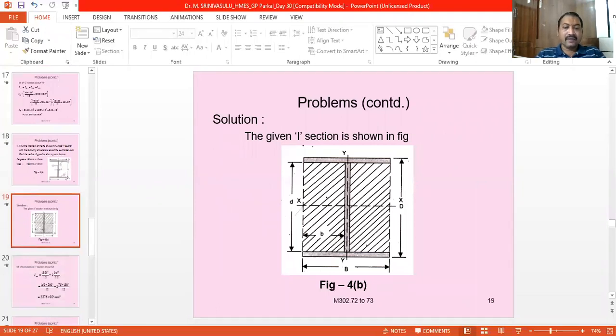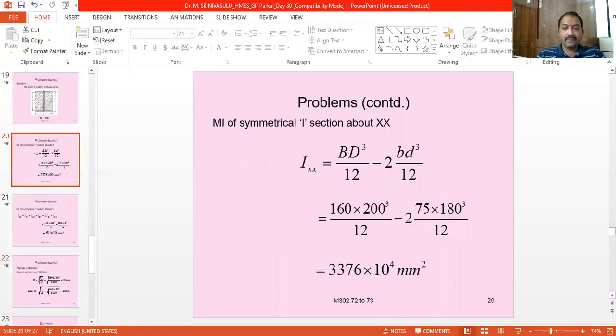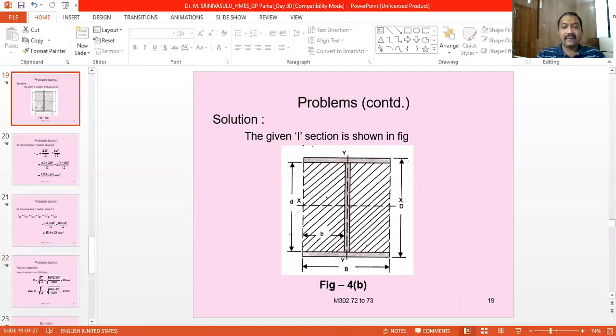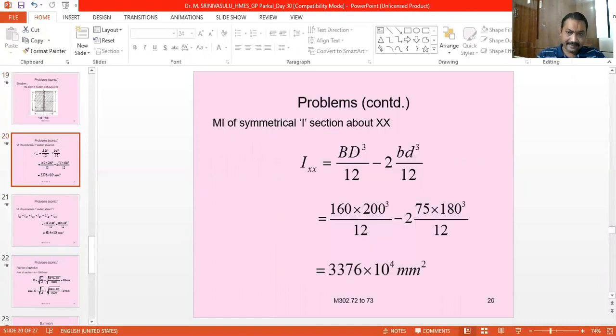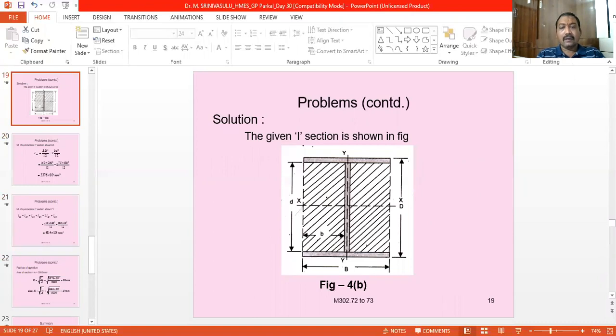Now this problem can be solved by another method also, because we need to find both Ixx and Iyy.